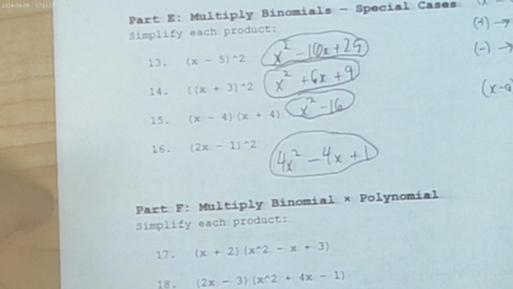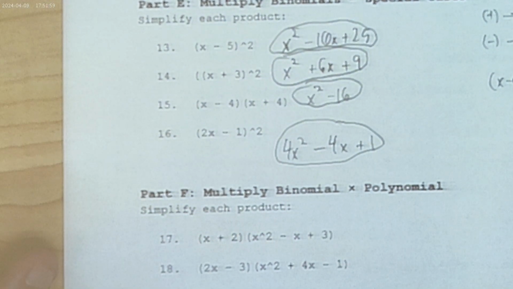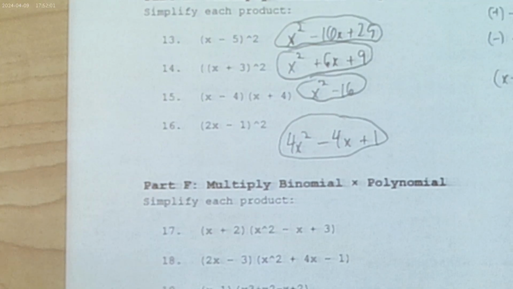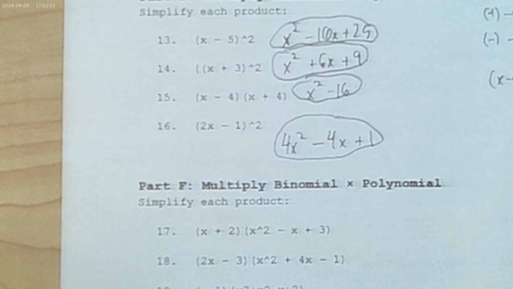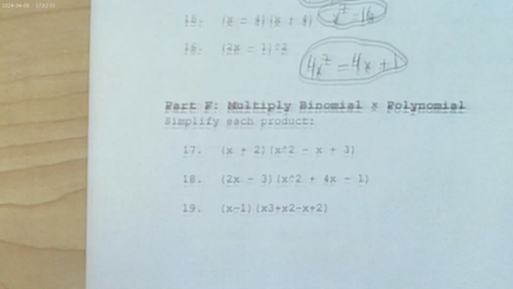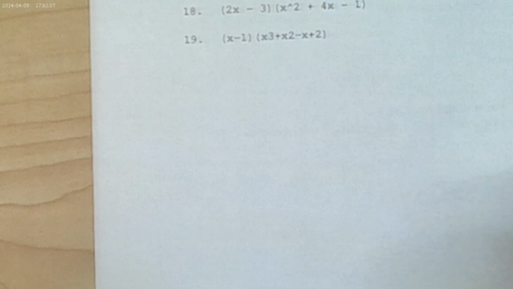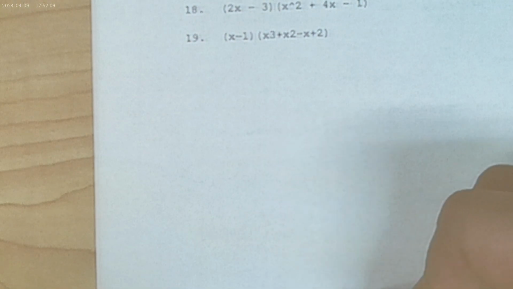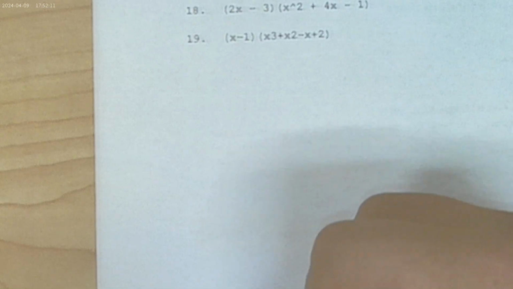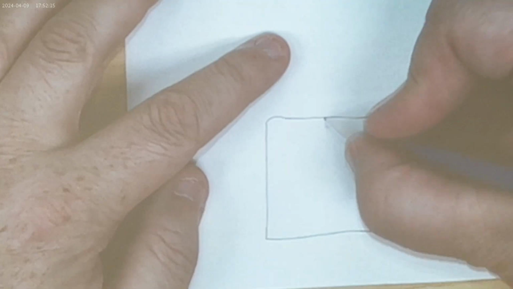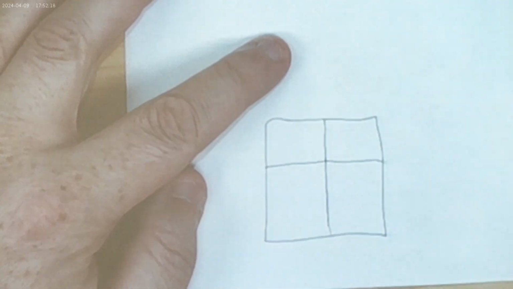How can I be sure? How can I know that I am 100% correct with this, because I've had issues with it in the past? Well, there's only one way to be sure. Oh, that's right.